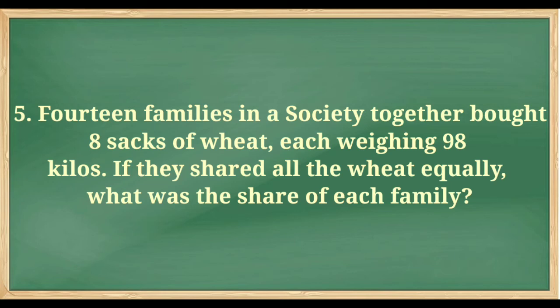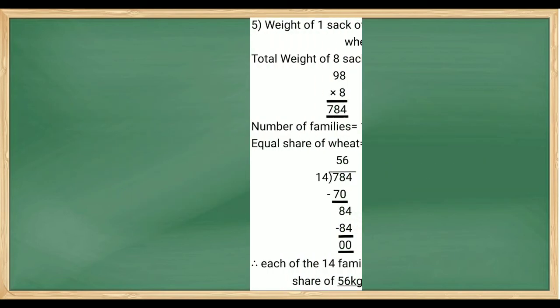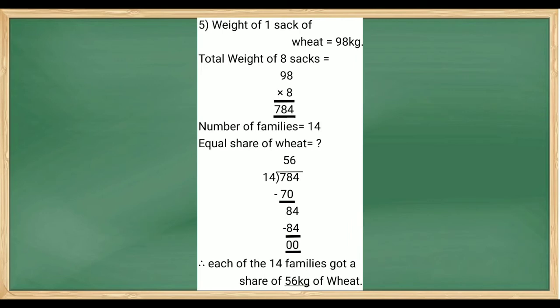14 families in a society together bought 8 sacks of wheat, each weighing 98 kilos. If they shared all the wheat equally, what was the share of each family? Let's find out the total weight of sacks by multiplying 98 and 8, the product of which will be 784.